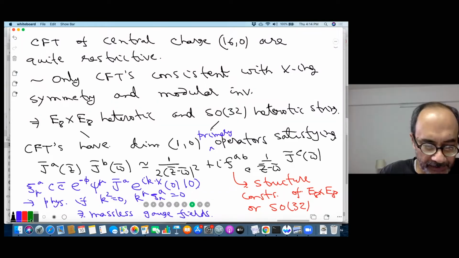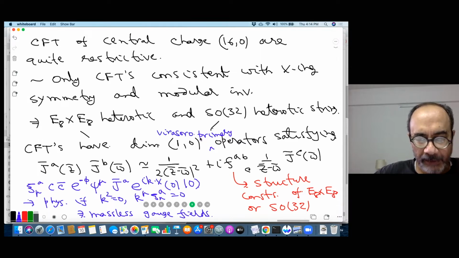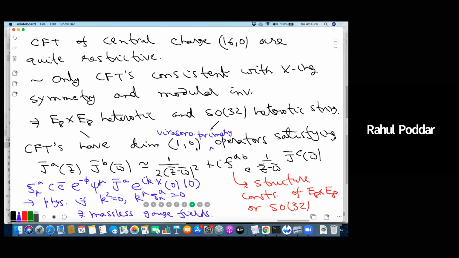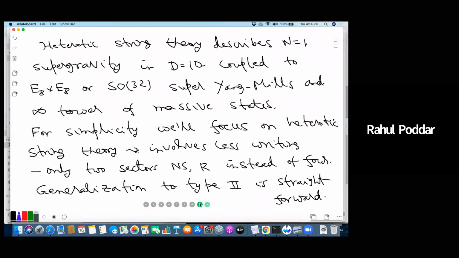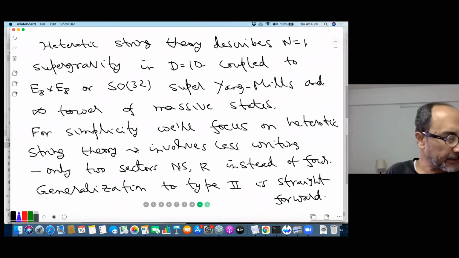I can write this down explicitly. These are Virasoro primaries, because that's what is relevant for the string theory analysis, right? The fact that they are secondaries of the current algebra doesn't really make any difference. Yes, thank you. Any other question?